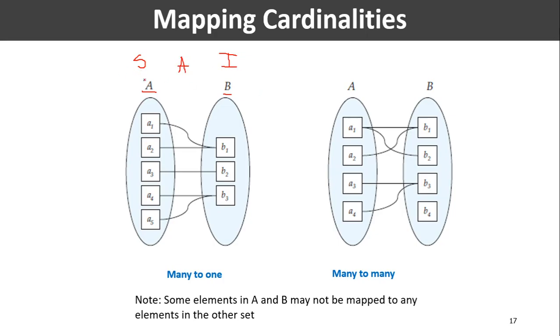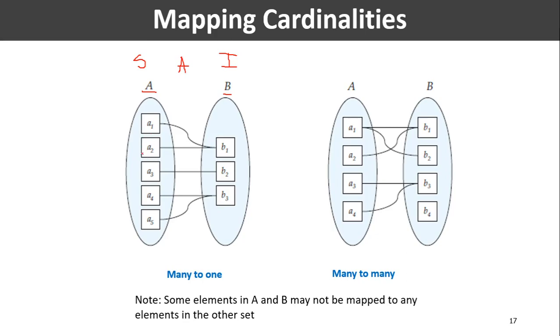So student is the entity set, let us assume this is A, and entity set instructor is B. So what I am saying now is, one student is associated with at most one instructor, but one instructor can be associated with any number of students.